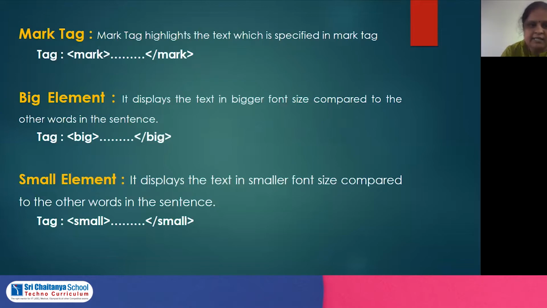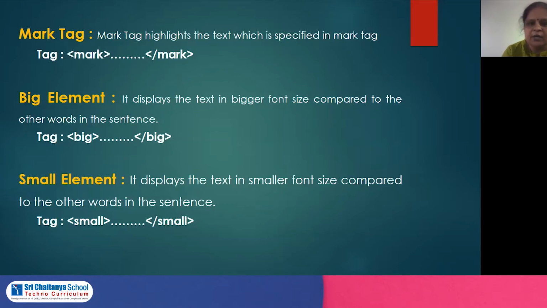Then what is the next one? Big element. What is this big element? See, it displays the text in a bigger font size compared to the other words in the sentence. Suppose I'm writing one sentence, and in that only one word I want to highlight.